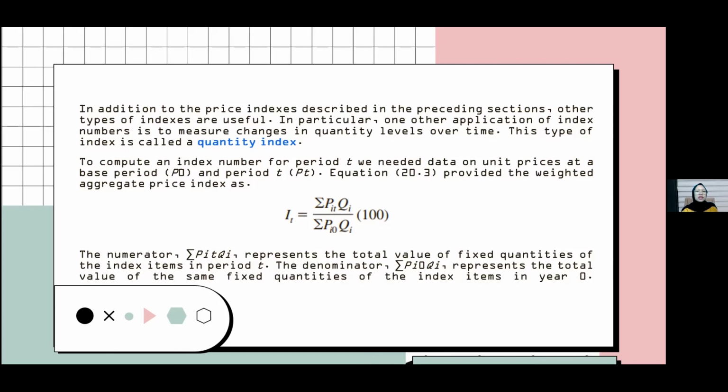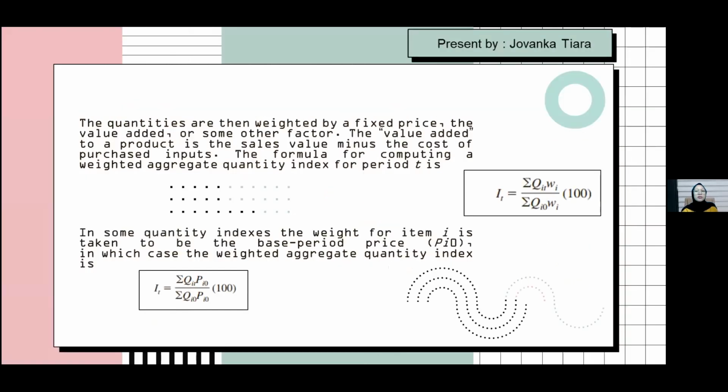Next, the quantities are weighted by a fixed price, the value added, or some other factor. Value added to a product is the sale value minus the cost of purchased input. The formula is I_T equals sigma K_iT W_i divided by sigma K_i0 W_i times 100.